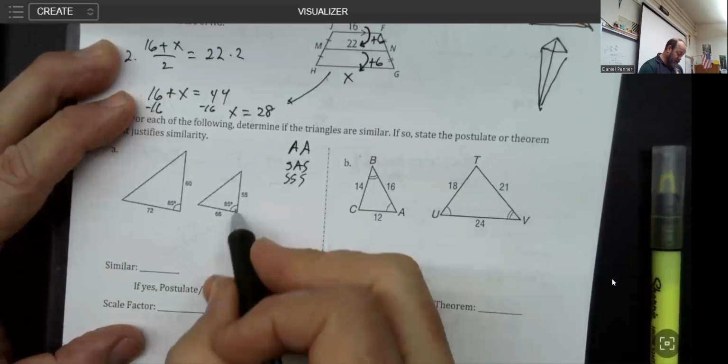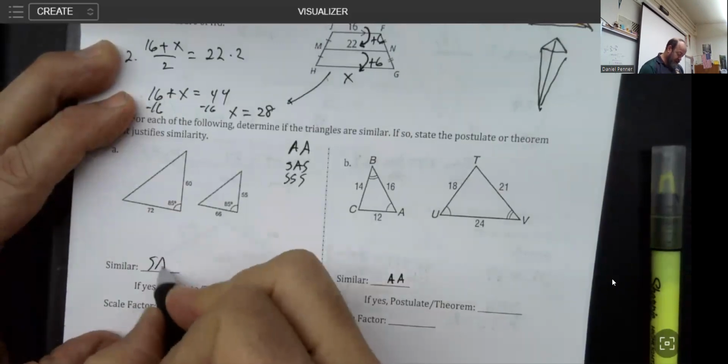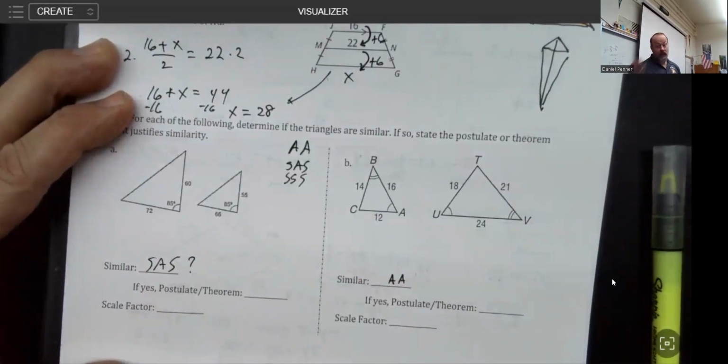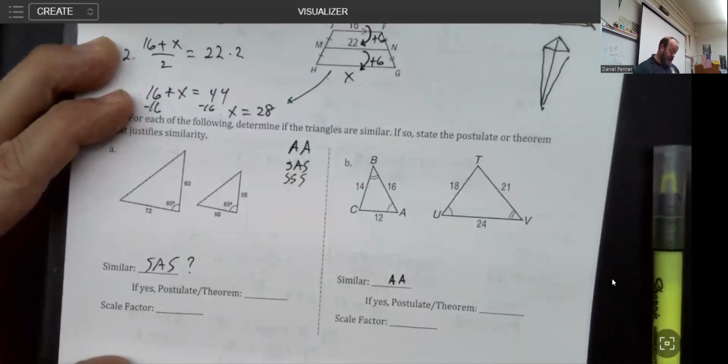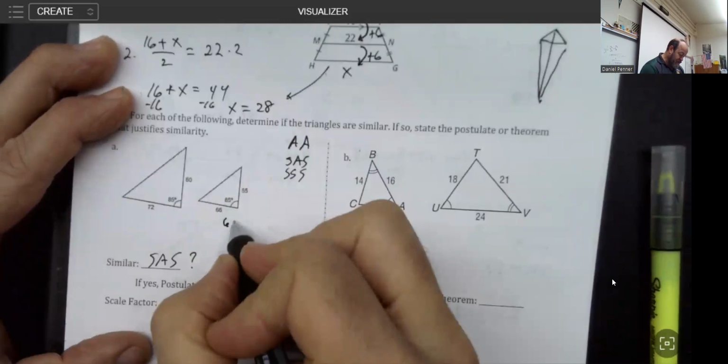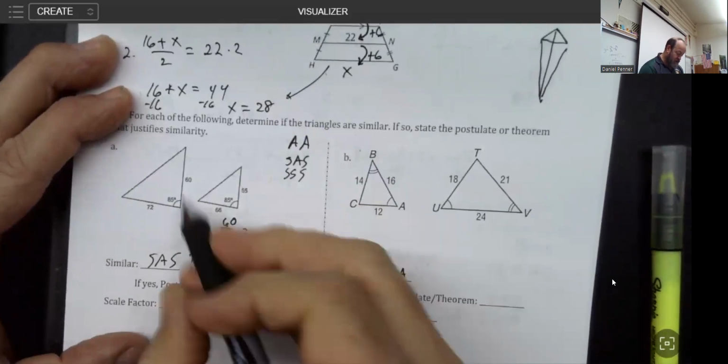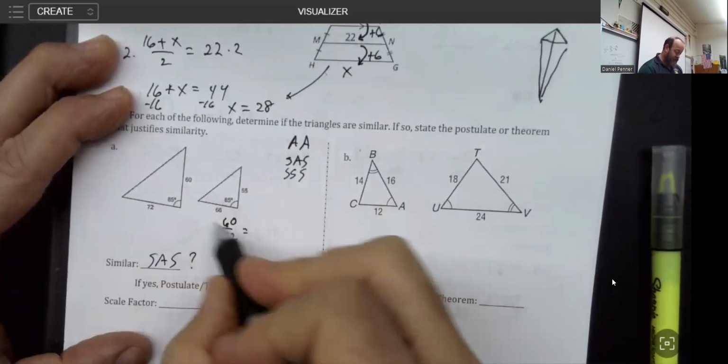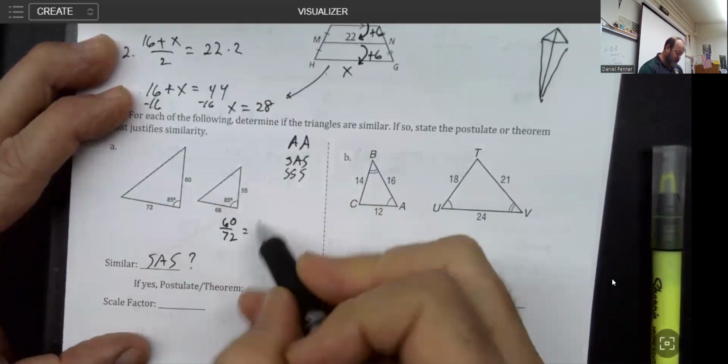Let's find out, is this one in fact SAS? That, I don't know. I mean, it's set up to be that way, but is it possible that the proportion is set up incorrectly? So here's what I'm going to do. I want to find out, is the proportion of 60 to 72, is the short side to the long side in this one the same as the short side to the long side in this one?